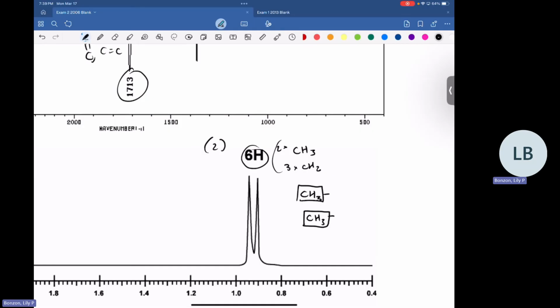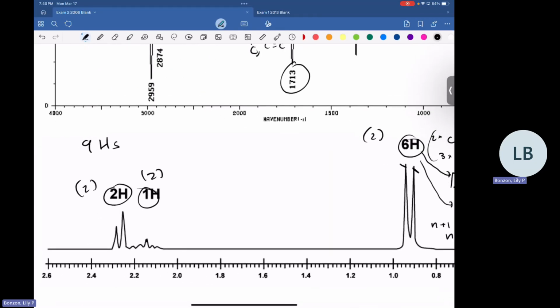I like to put them in a box, and that's my integrated number. The doublet refers to our neighbors. We have a doublet, that means we have 1 neighbor, because n plus 1 equals 2, so n is equal to 1. So we're probably going to have 2 of the same looking CH3 groups, both next to this CH group.